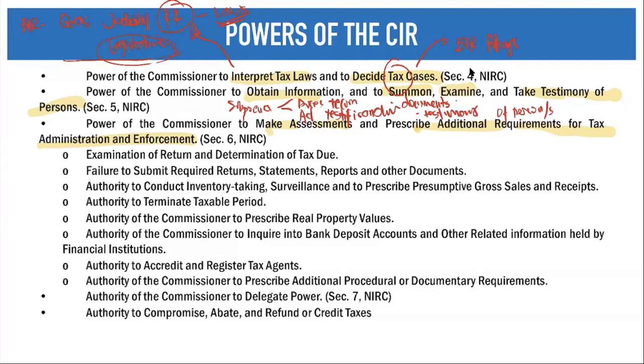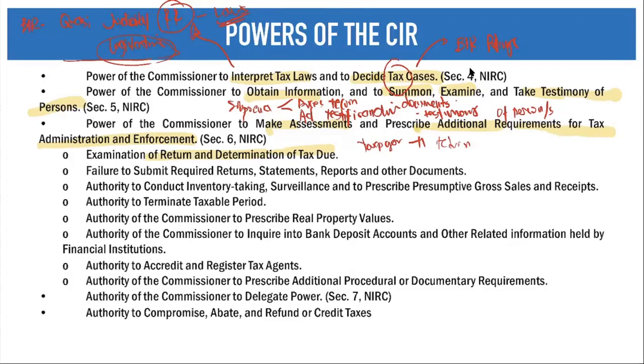Another power of the CIR is to examine the return and determine the tax due. When the taxpayer files the return, it will be examined by the BIR through the CIR to determine the proper tax due for that particular tax return.